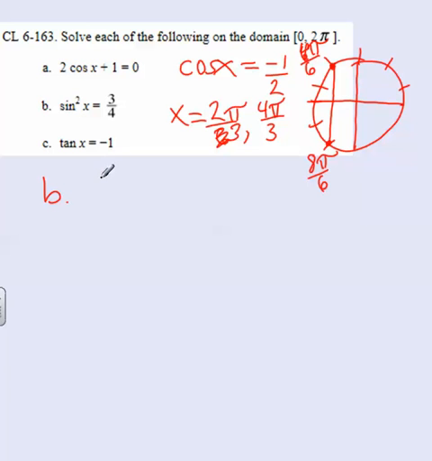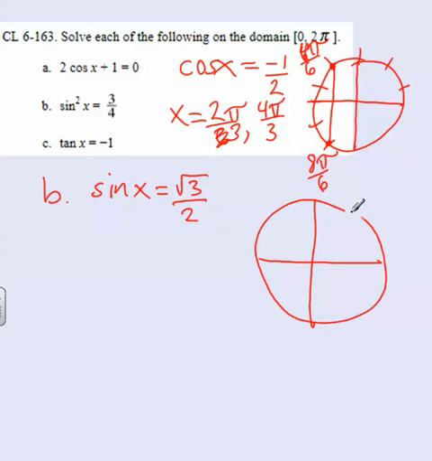Okay, for B, we can square root the sine, so we end up with sine of x is equal to the square root of 3 over 2. On our unit circle, sine equals square root of 3 over 2 occurs here and here. 1 6, 2 6, 3 6, 4 6.